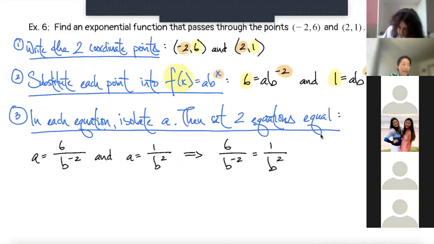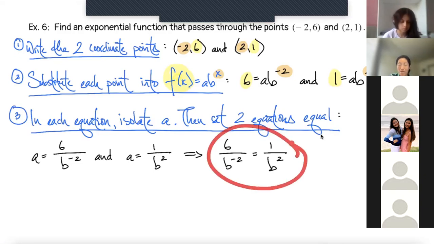We're going to be able to find a value for B. That'll be headed in the right direction, because ultimately we want to find a number for A and a number for B. Okay. So I see a fraction equals a fraction.